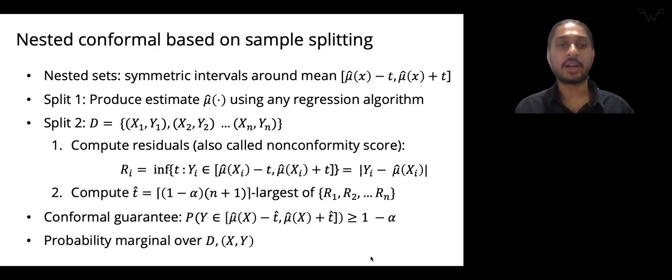This probability is marginal over D as well as the test point, and not conditional over the calibration point. So this guarantee is available in a distribution-free manner, no matter what the assumptions or the distribution of the underlying data is. And it's kind of surprising that this guarantee can even be provided in such a way.